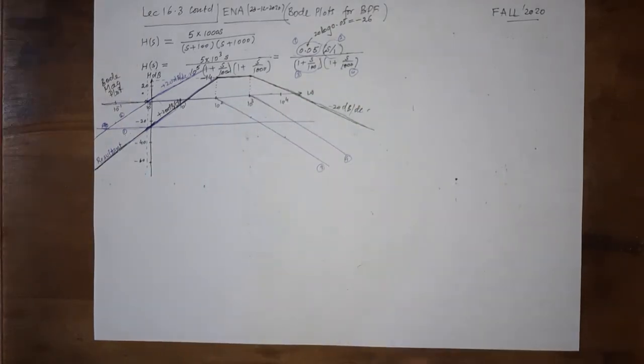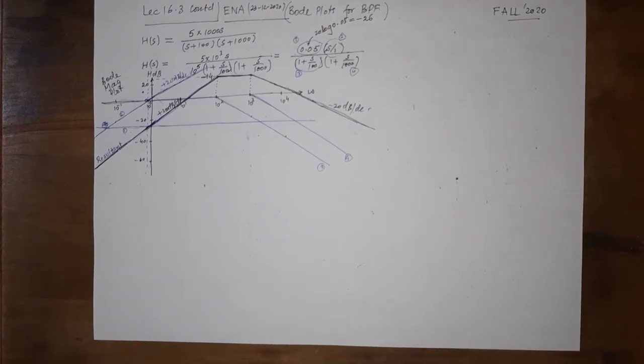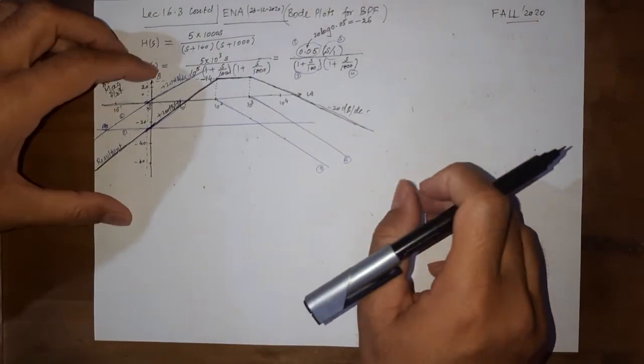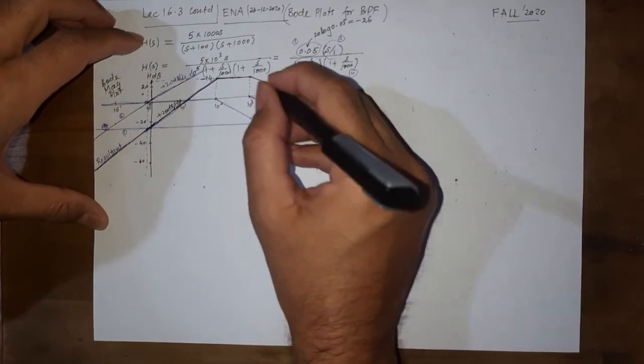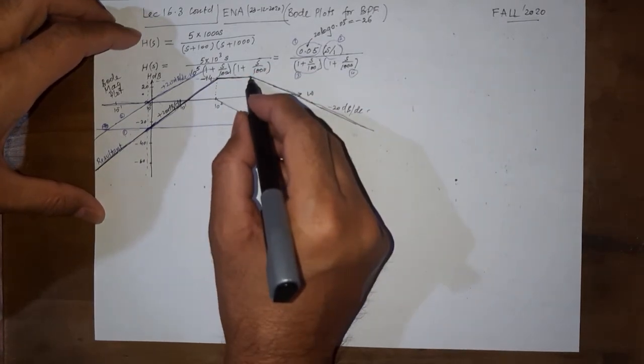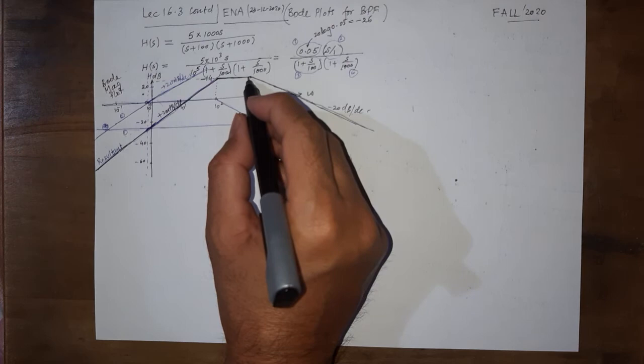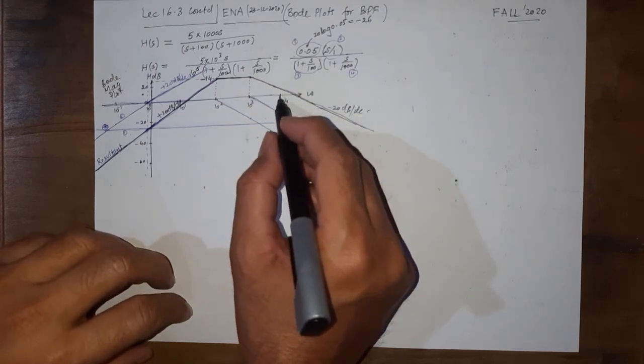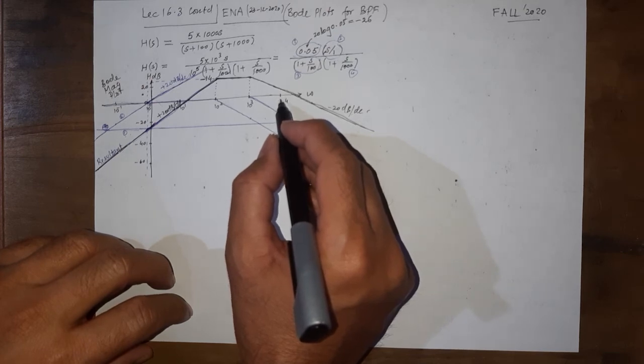However, since the graph is not according to scale, we cannot see this very easily, but I hope you understood. Had this point been at minus 20, we would pass exactly at this point at 10 to the power 4.